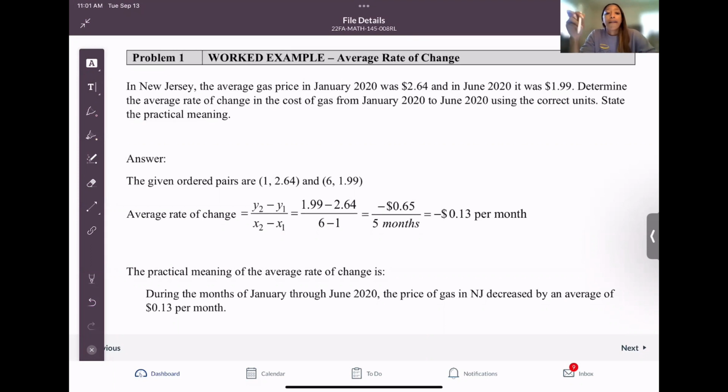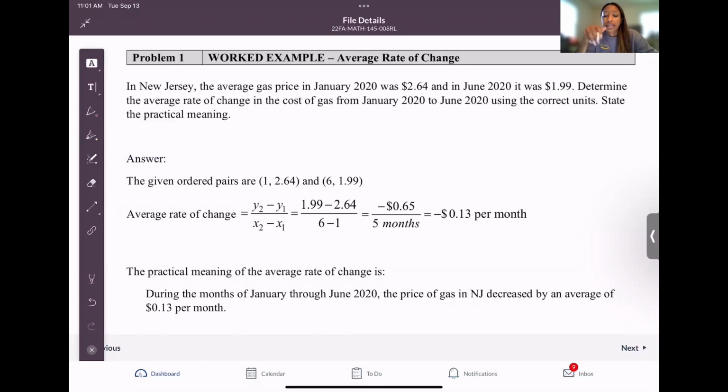So if we look at this, we're comparing the price of gas to the month. If you pick a month, we can tell you what the price of gas was at that time, right? So the month is the input, the price of the gas is the output. So when we calculate our average rate of change, it would be change in the price of gas over the change in months, okay?